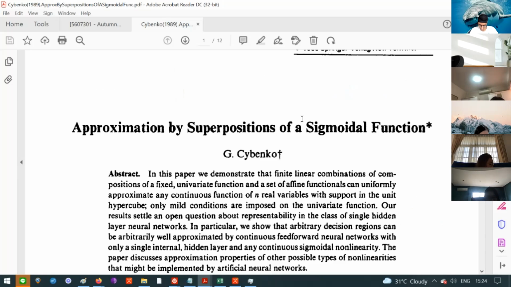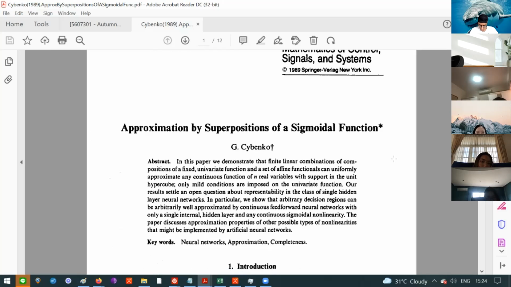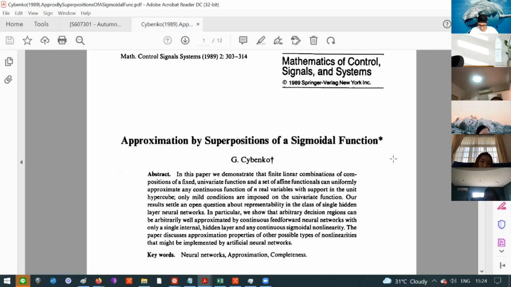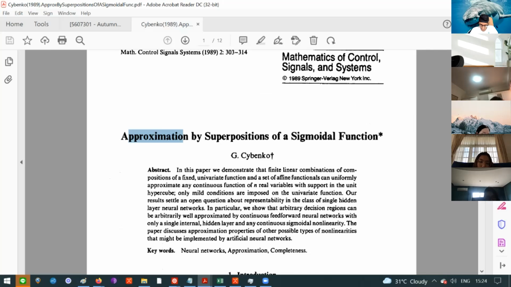Well, it takes a couple of hurdles to overcome. One of them is this paper. This is one of the seminal papers that makes everyday life possible today. It says that if you have enough sigmoid functions and you add them, you can approximate anything. This is called the universal approximation theorem.